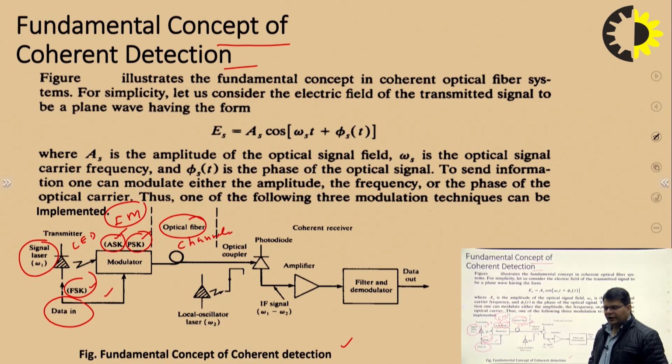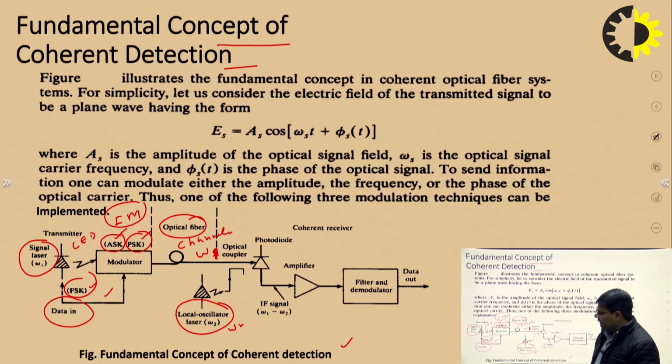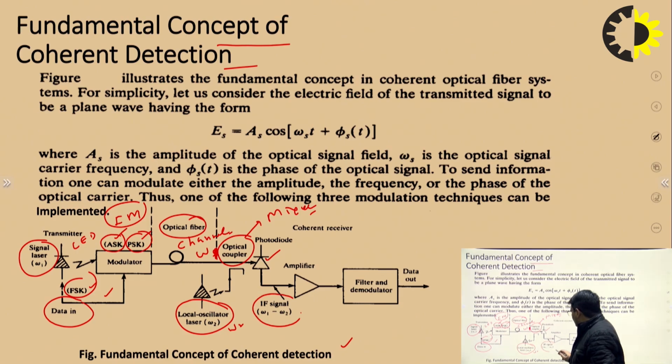So as discussed, here we have the received signal W1, then we have a local oscillator generated signal W2, then these two are passed through a coupler or mixer, and the combined signal is incident over the photodiode or photodetector, and here only the intermediate frequency signal is allowed to pass.